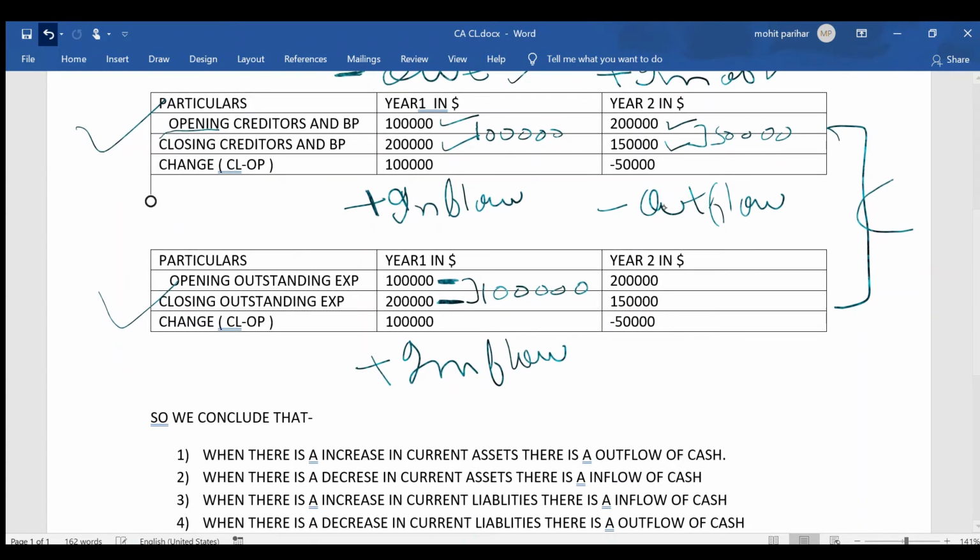And in year two, in the beginning of the year you have not paid $2 lakh, and in the end of the year not paid $1,50,000. Therefore, it means that you have paid an extra $50,000 this year in year two, and therefore there is a cash outflow in year two of $50,000. Okay.